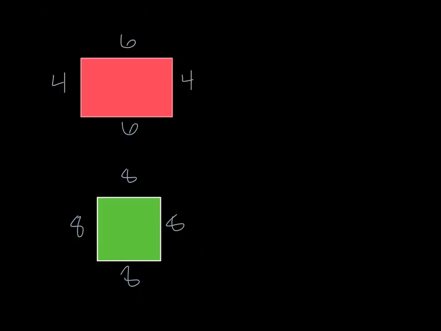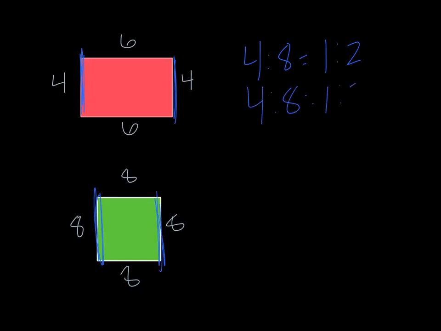Now if we look at these two shapes and match up the ratios of the sides, this side to this side, 4 to 8 equals 1 to 2. This side to this side, 4 to 8 equals 1 to 2.